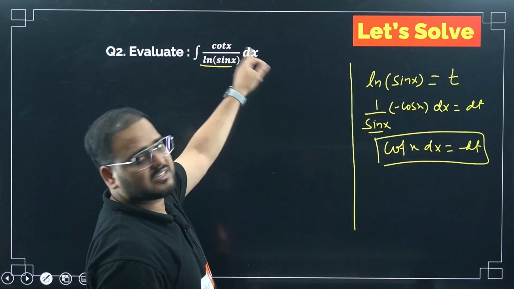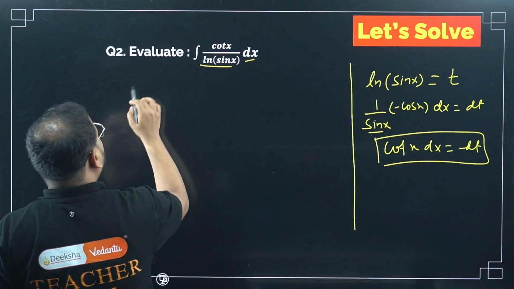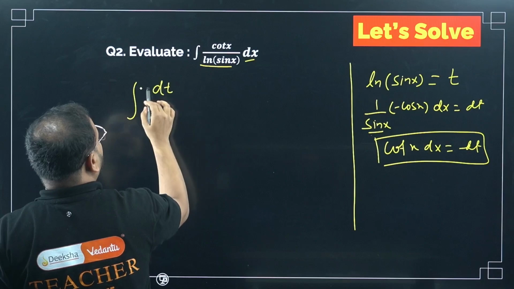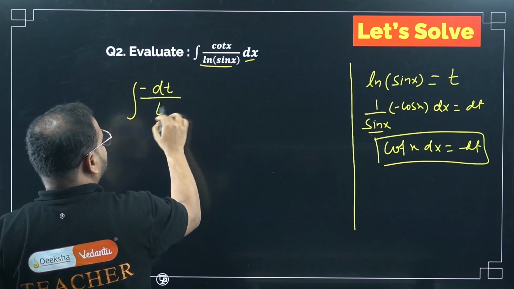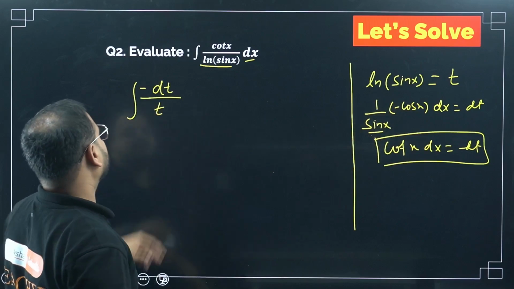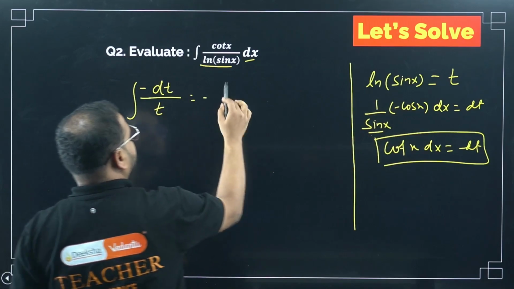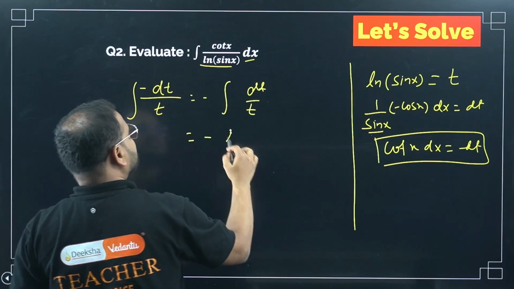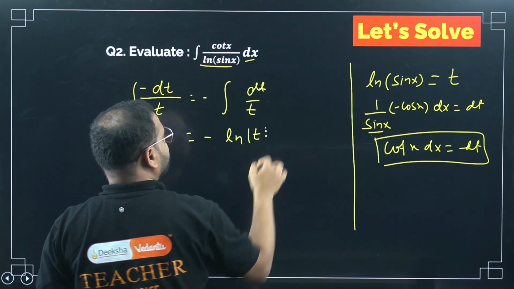I have a cot x dx. Please check here. This integration will transform into minus dt upon, and what is this going to be? Simply t. Please check. ln sin x is t, taken like this. So take the minus sign outside. dt by t will be what? Minus ln t.